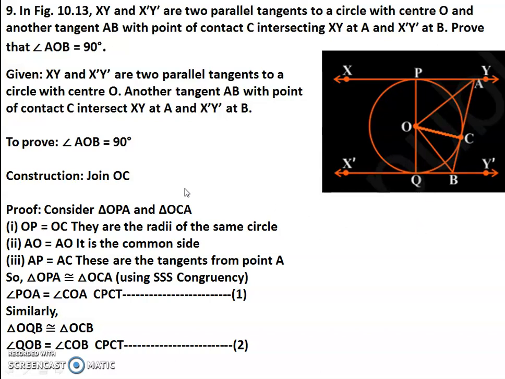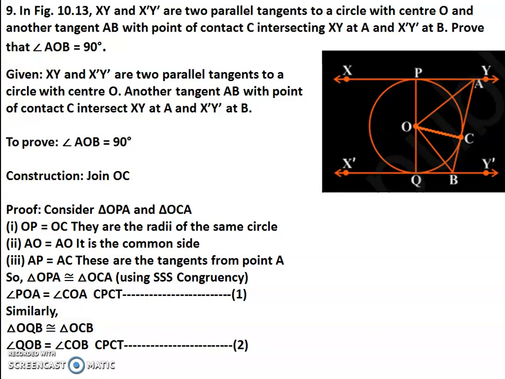Proof. Consider triangle OPA and triangle OCA. You are going to prove that these two triangles are congruent.